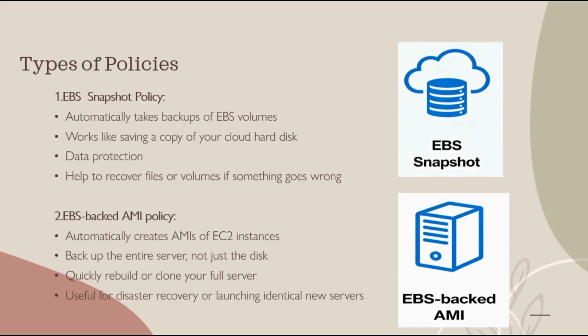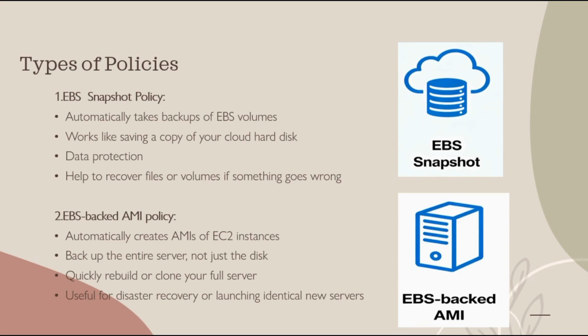And the second type is EBS-backed AMI policy. By using this kind of policy, we can create the AMI. By using that created image, we can launch the EC2 instance, or we can also clone the full server, because by using the EBS-backed AMI policy, we can back up the entire server.